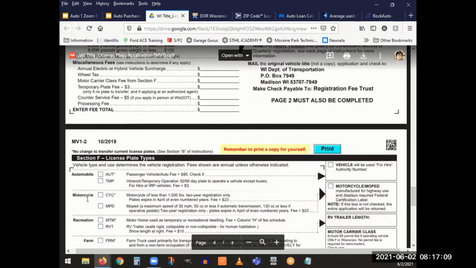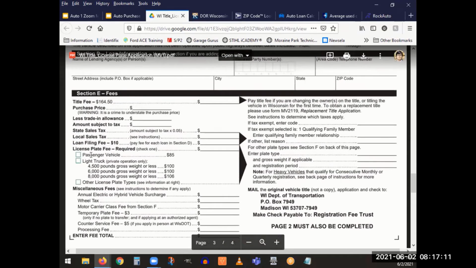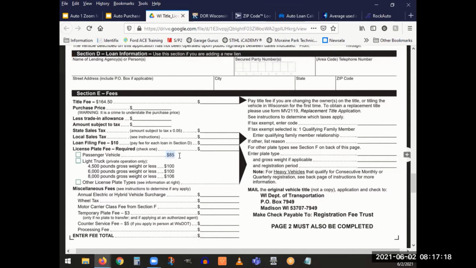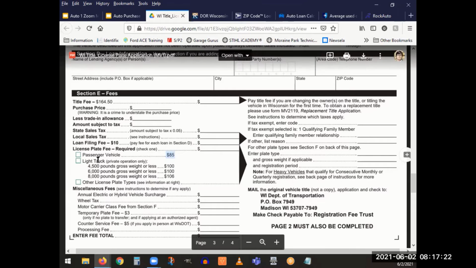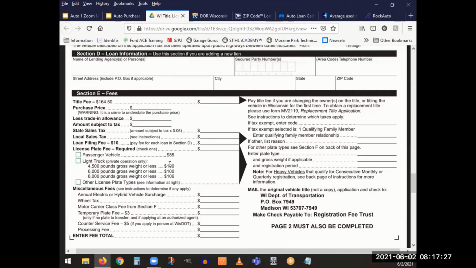So we're just going to stick to the standard. Either you have a passenger car or a passenger vehicle, and that's going to be most cars, vans, probably SUVs. Light trucks, we're probably looking at about $100 roughly. Again, that depends on what kind.